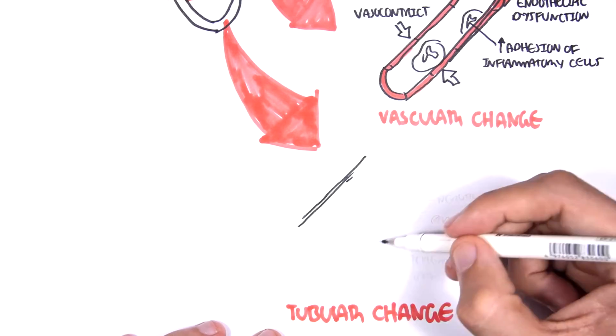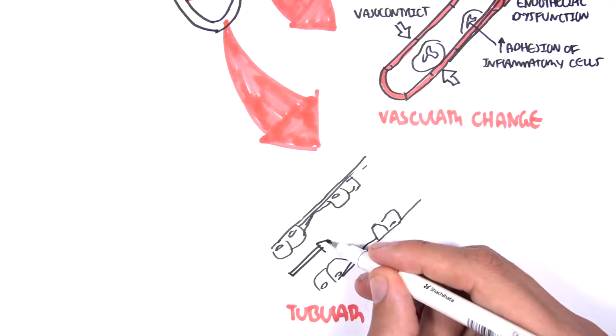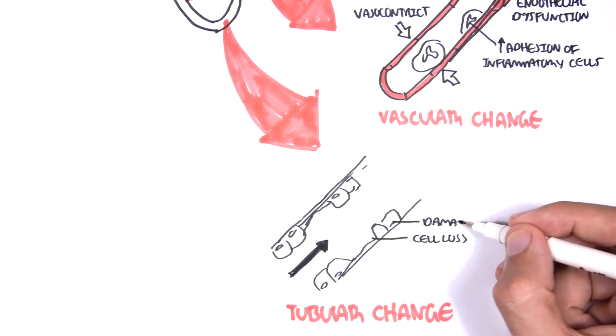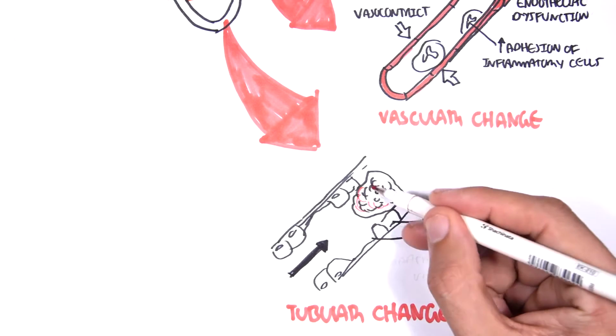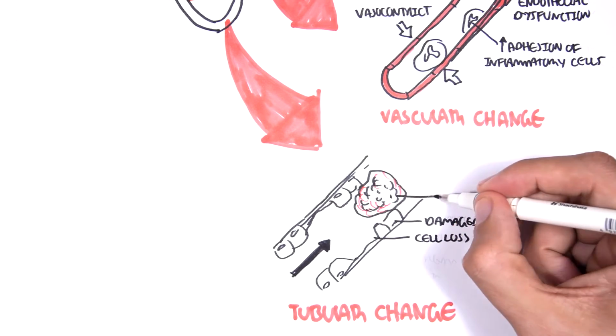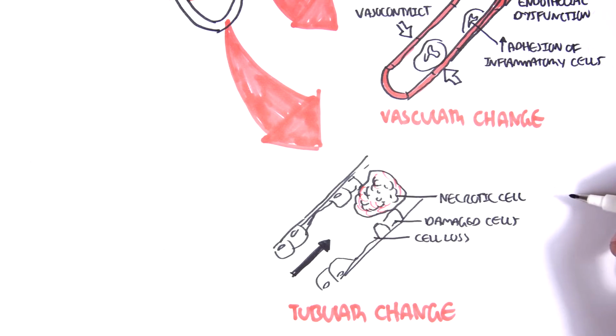So in tubular change, for example, here is within the tube of the nephron. The filtrate normally goes this way, and we now see cell loss. We see damaged cells, and this can be due to necrosis, or it can later cause apoptosis.